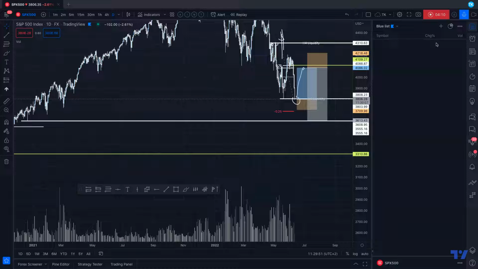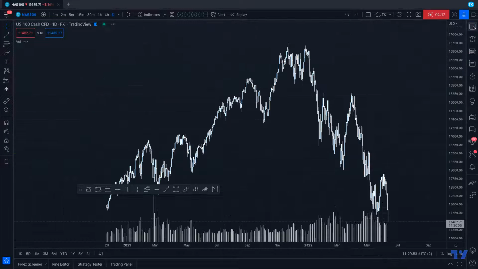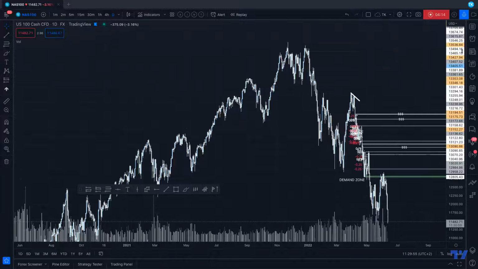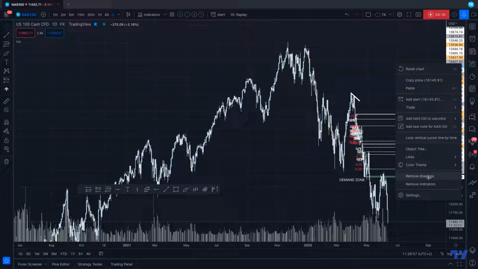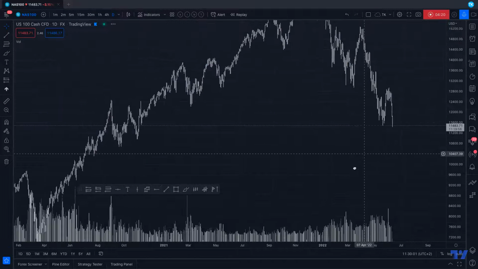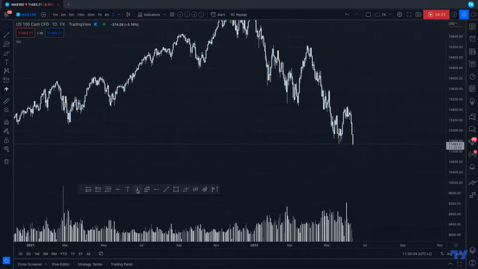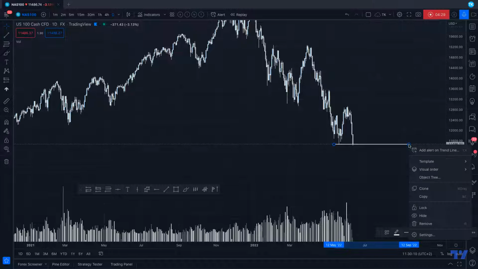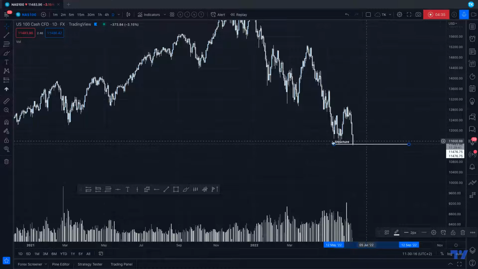Okay, so let's move on to Nasdaq, where things are pretty much the same. So this is the level that needs to be broken. That is also a good liquidity level.